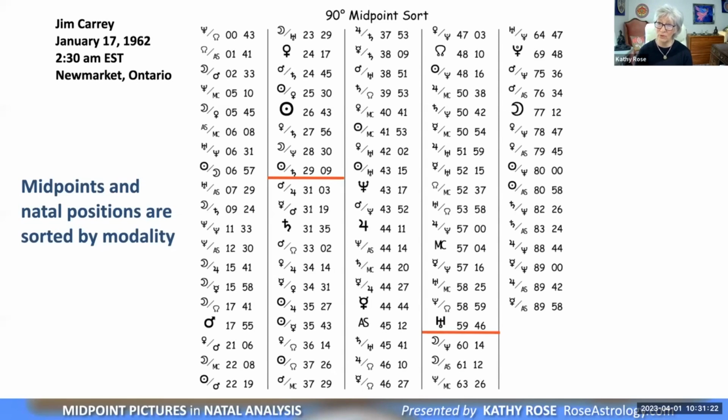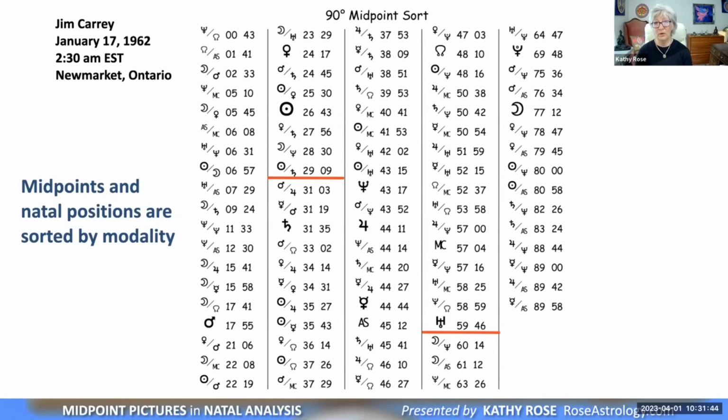Because on AstroGold, you have to find it under midpoint sorted by mode, I believe. But they have 3 pages instead of one. 1 page for cardinal, 1 for mutable, 1 for fixed. And it is not conducive to getting the kind of information that I can get instantly from this one sheet.